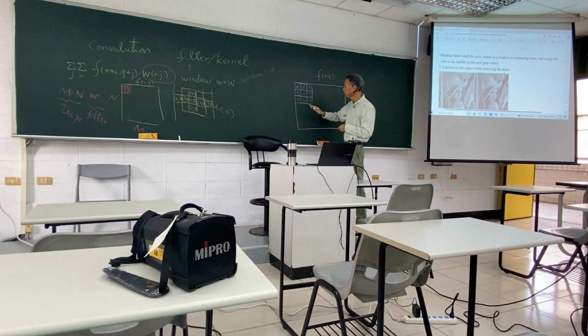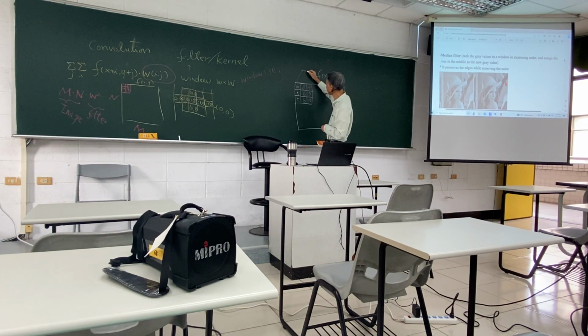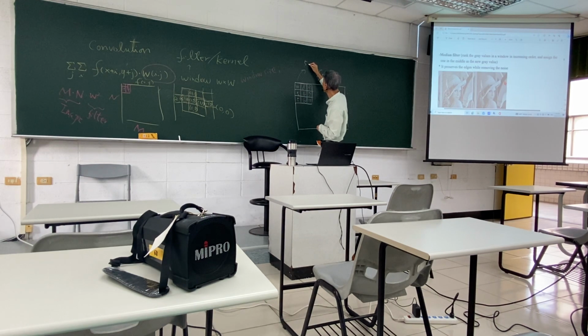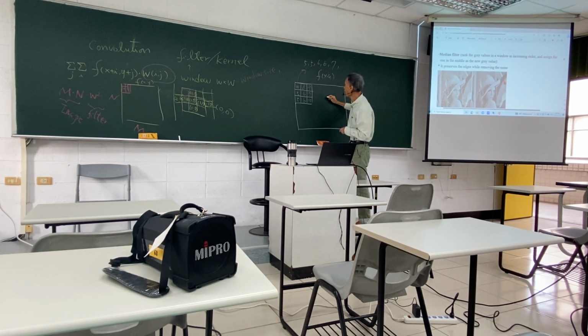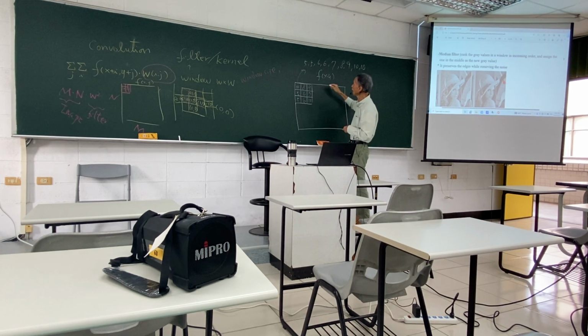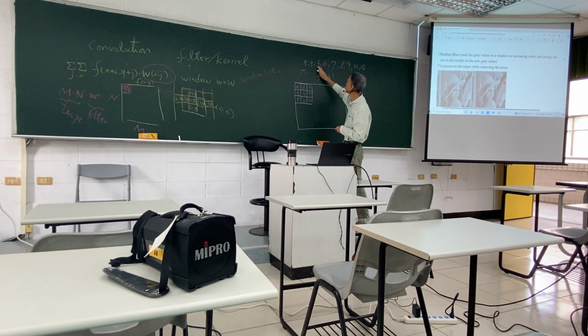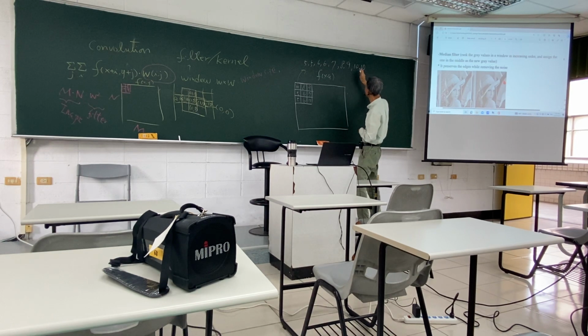Suppose we do it in increasing order, so the minimum value will be 5, then 5, and then 6, then 6, and then 7, and 8, and 9, and then we have a 210. So 1, 2, 3, 4, 5, 6, 7, 8, 9.